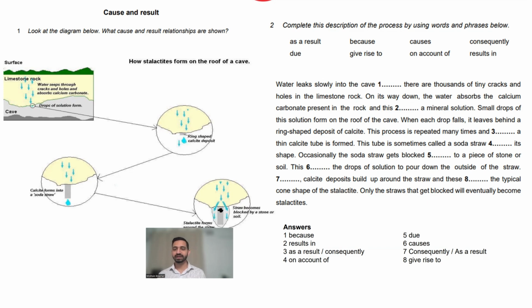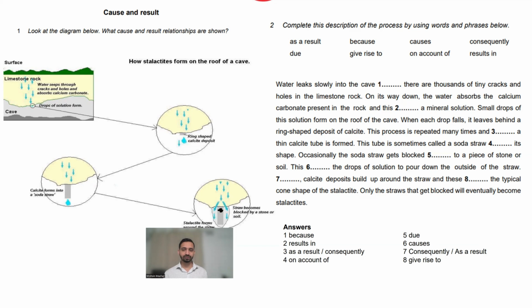This tube is sometimes called a soda straw on account of its shape. Occasionally, the soda straw gets blocked due to a piece of stone or soil. This causes the drops of solution to pour down the outside of the straw.